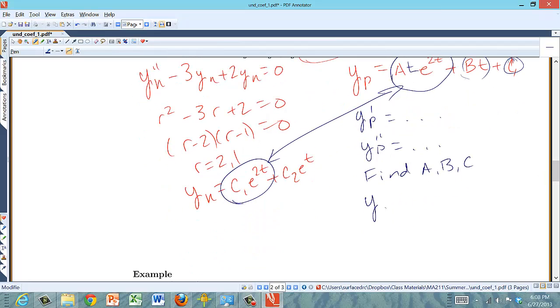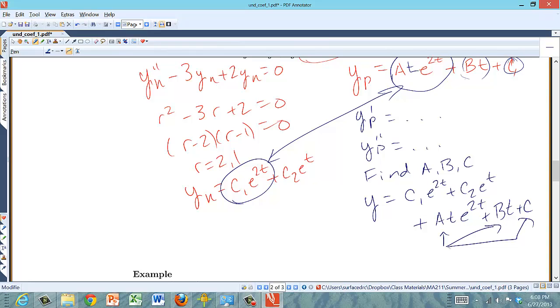And then I'd say my general solution is C1 e to the 2t plus C2 e to the t plus A t e to the 2t plus B t plus C, but these would actually be numbers if we solve the system of equations.